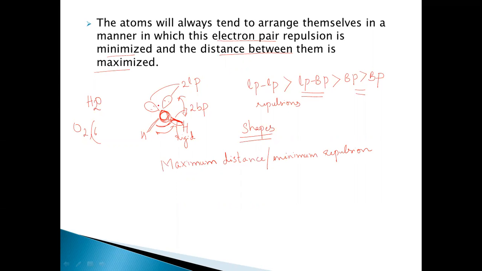Because of these repulsions, I'll draw this once again here. You can understand, these two lone pairs of electrons present here, because of these repulsions, there is a distortion in the shape of the molecule. The normal geometry gets distorted because of the repulsion between the electrons.